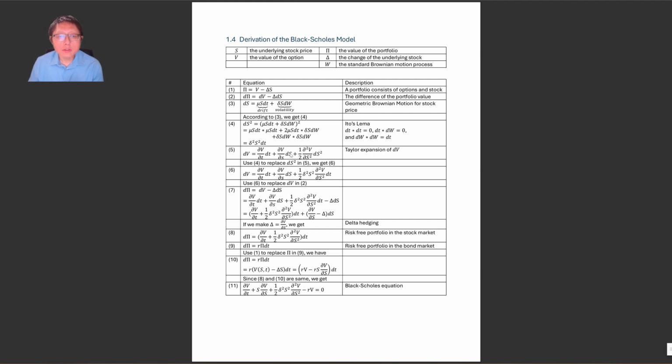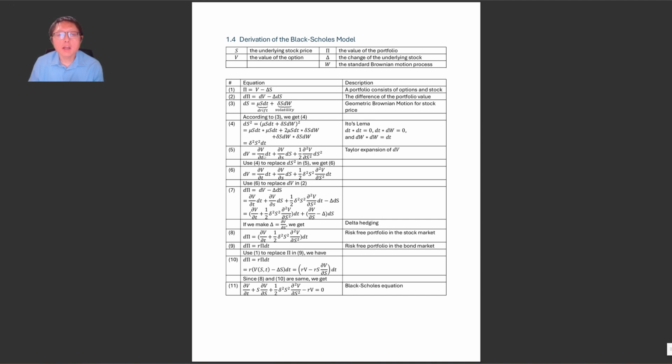So now let's go to step 5. For steps 3 and 4, we already talked about the second part of the change of the portfolio value, which is related to ds. Then for step 5, we're trying to figure out the change of the option value. It's just dV, a partial derivative thing, and we use a Taylor expansion for dV.